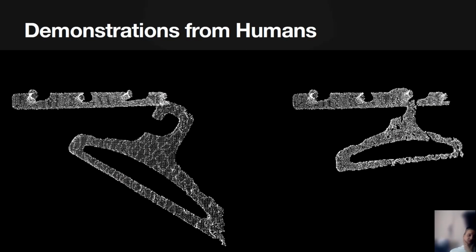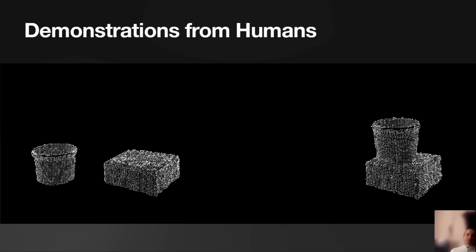So here are more examples. This is already a cleared point cloud, but it's still hard to see what's really important here, what should be marked as important, what's not important about it. It's just some point cloud. This is an example about stacking two objects.